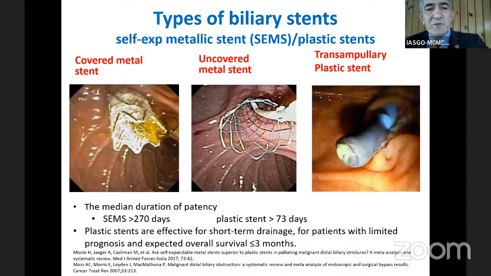The median duration of patency for self-expandable metallic stents, there are authors here, I found to be more than 270 days, and for plastic stents it is shorter, as we know. So plastic stents are effective for short-term drainage for patients with limited prognosis and expected overall survival of less than 3 months.